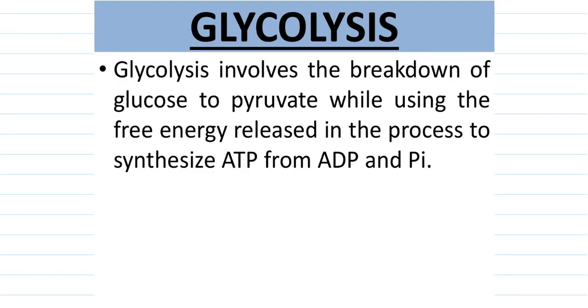Glycolysis involves the breakdown of glucose to pyruvate while using the free energy released in the process to synthesize ATP from ADP and inorganic phosphate. So this is glycolysis, breakdown of glucose into two equal parts, and also producing ATP by substrate level phosphorylation.